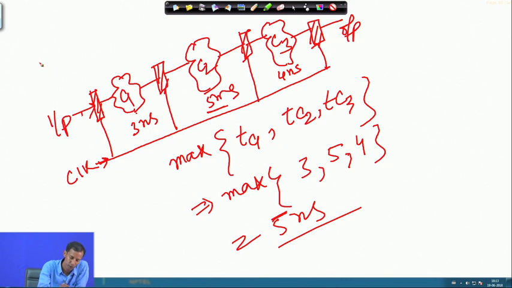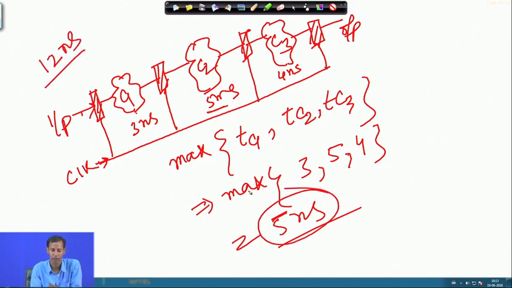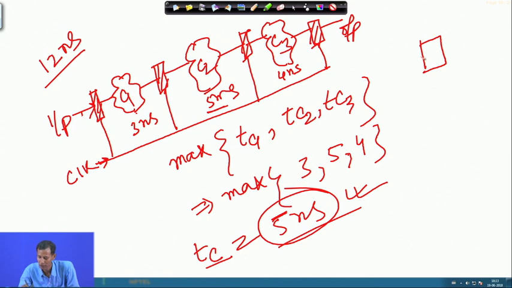So, that means the initial requirement was 12 nanosecond, but after putting these registers in between this path, after doing the pipelining, my clock period TC becomes 5 nanosecond. The initial circuit was something like this. At this particular point I was having a register, so this is the input, this is the output, and this is the clock.